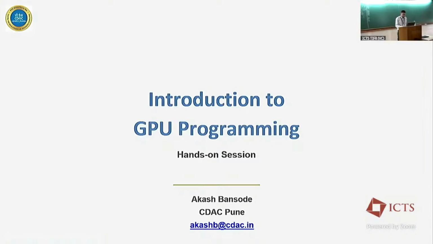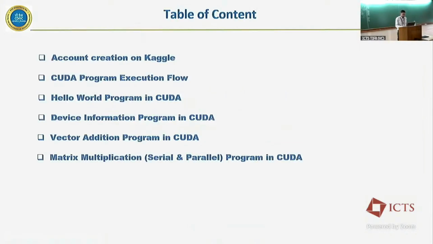In this session, I'll give you a brief idea of what we are going to cover. Right now, you don't have access to a supercomputer, so we are using the open source platform Kaggle. We will create an account on Kaggle. Then we will see what the CUDA program execution flow looks like. Then we'll see a basic Hello World program in CUDA.